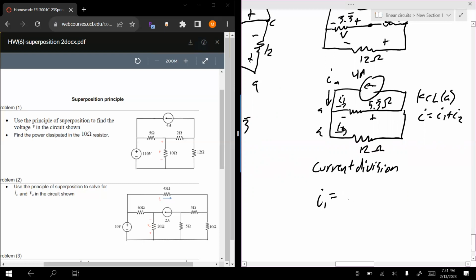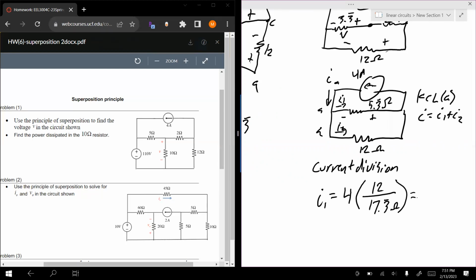I'll actually just write it here. So total current 4 amps times the resistance of the opposite resistor divided by the sum of both of those resistors. That's going to be 17.3 repeating ohms. And that's going to be our current flowing through I1. We'll put it in the calculator.